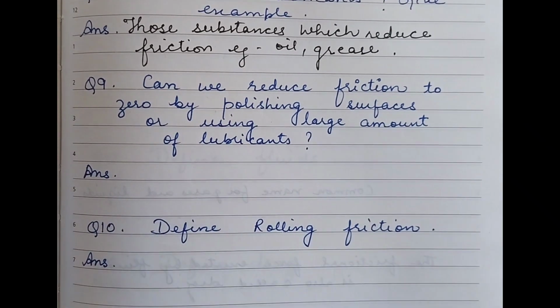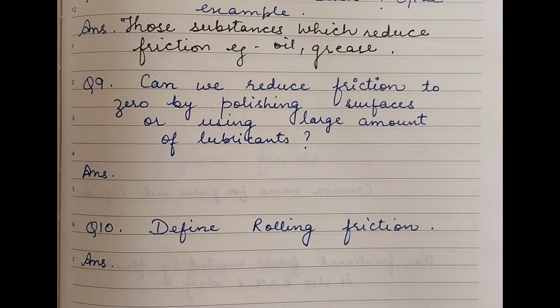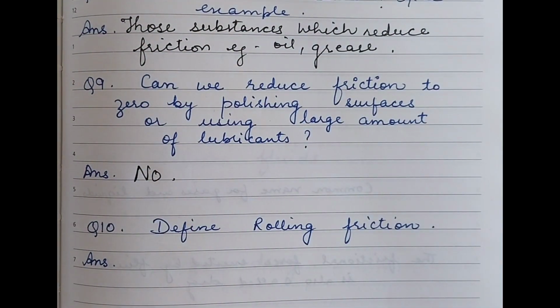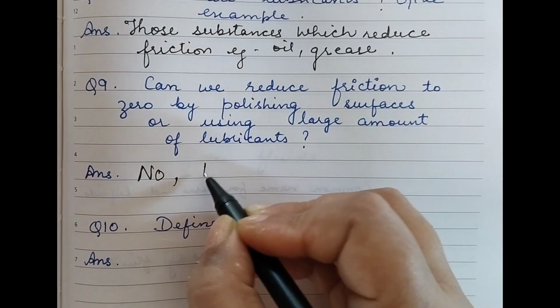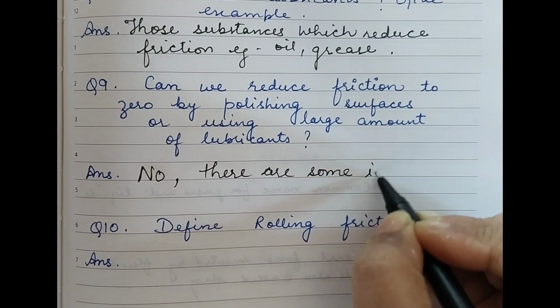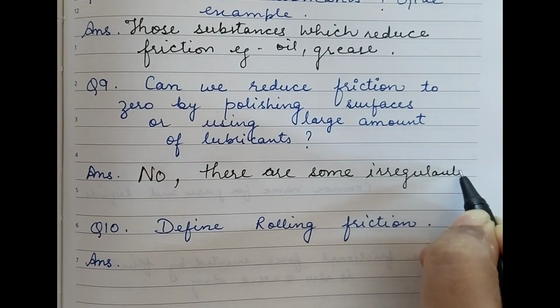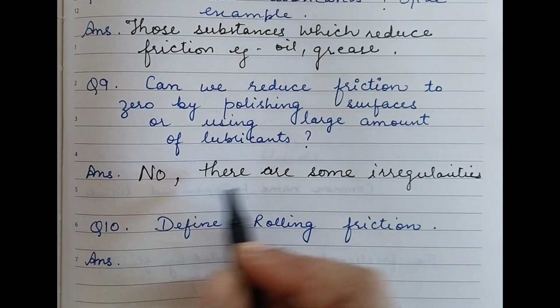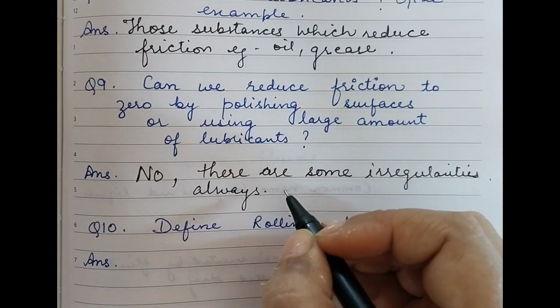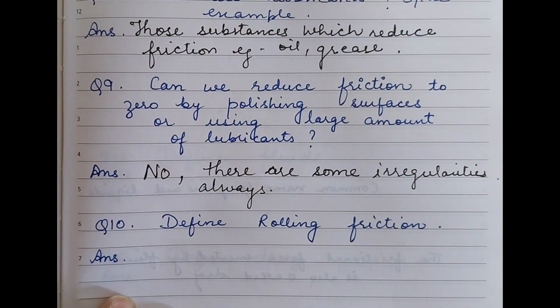Can we reduce friction to zero by polishing surfaces or using large amount of lubricants? No, friction can never be brought to zero. There are some irregularities always present on the surface, no surface is completely smooth. So we cannot reduce friction to zero by polishing surfaces.